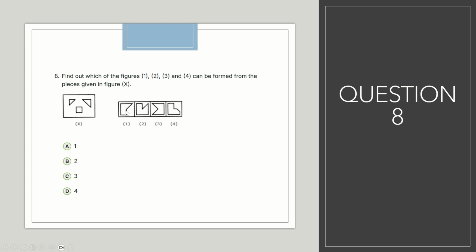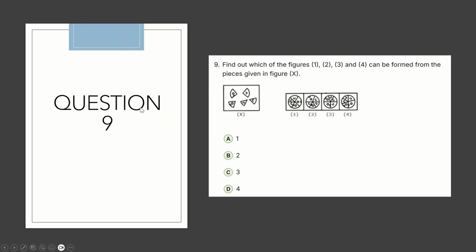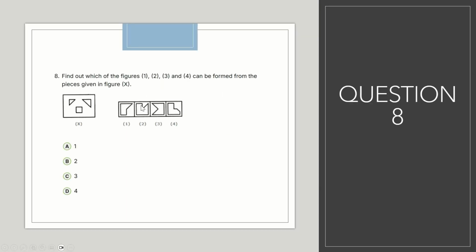For figure 1, we can see that we have a square here, at the bottom. For option 2, we can have a square here, and at the same time, this whole thing can be a square. Then for option 3, we can have a square here. For option 4, we can have a square here.